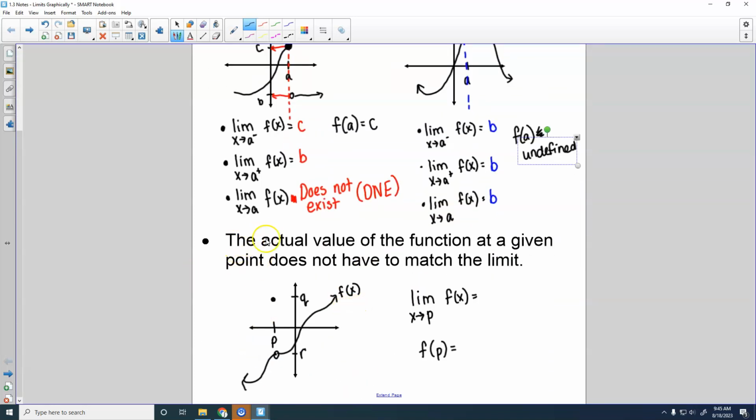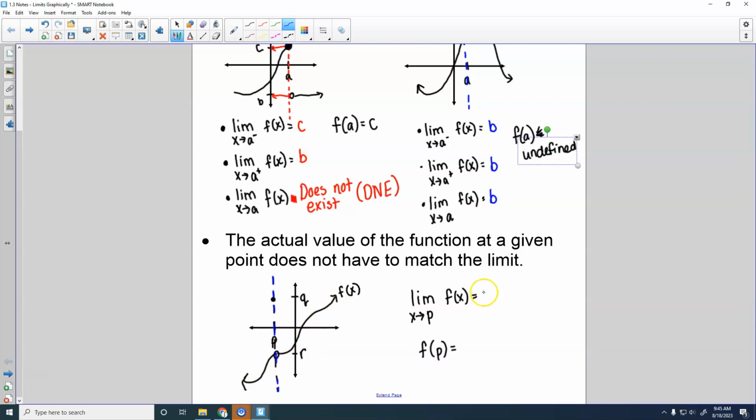All right, the actual value of a function at a given point does not have to match the limit. So if I look at the limit as x approaches P, which P is right here. For this, Troy, what is my limit as x approaches P?